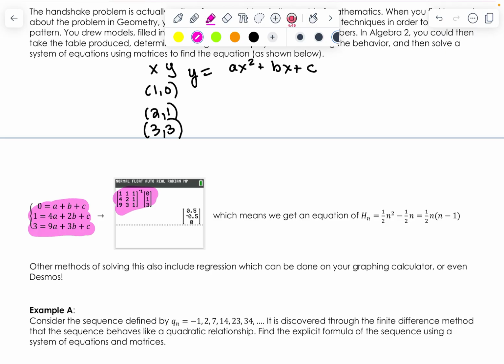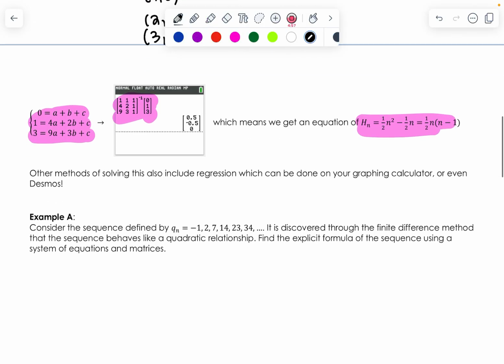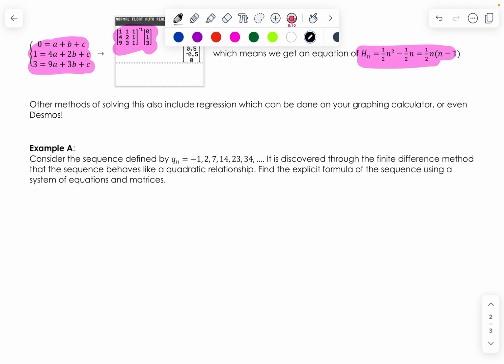So if you remember, you would do this on your graphing calculators. And then here was the equation. So what we're going to do together is I'm going to do 2 examples. One, I'm going to refresh your memory on using the graphing calculator. And then on example B, I'm going to show you a regression method that Desmos will do.